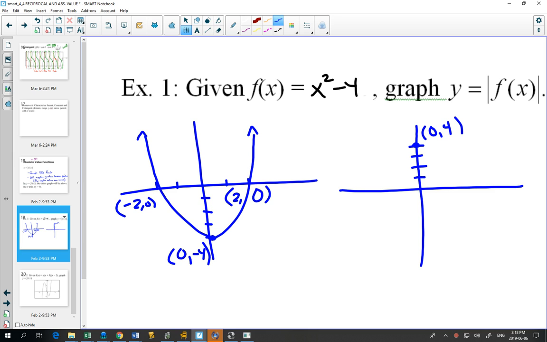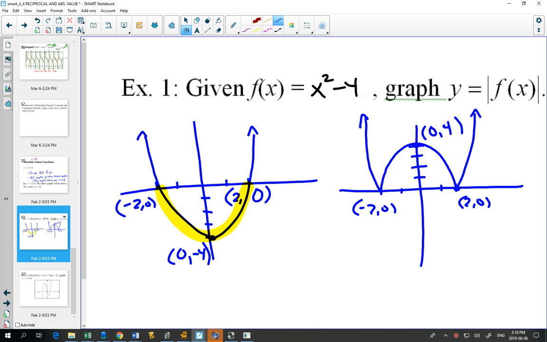In fact, this whole section where the y values are negative is going to get reflected up. So we still have 2, 0 and negative 2, 0. And that bottom section just gets flipped over the x-axis.